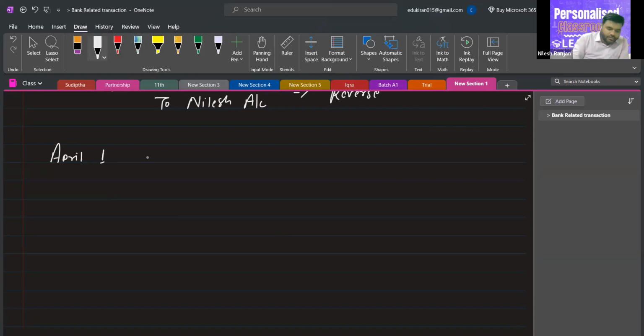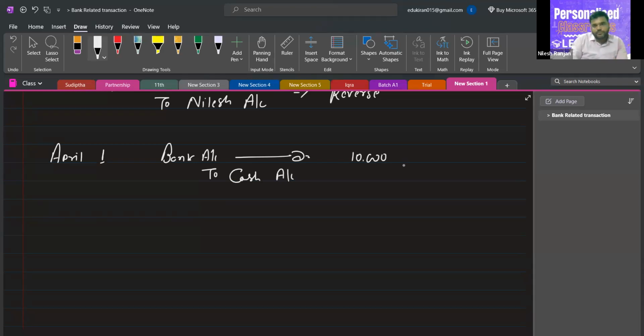April 1st. What will be the entry? Because we have deposited money into the bank account, the entry will be bank account debit to cash account, and the amount is 10,000. Now April 2, withdrawn from bank.